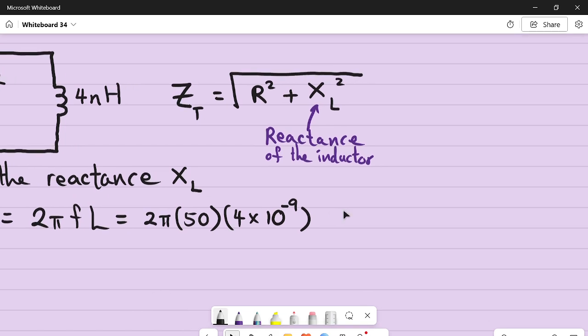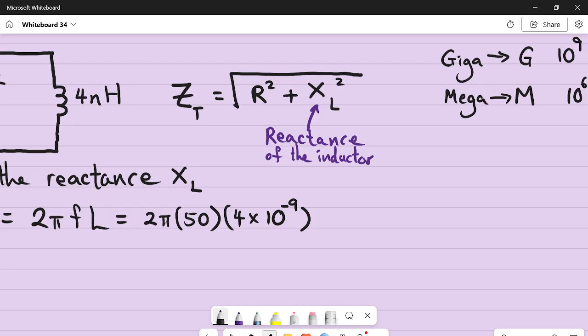So I will start with giga, G, giga. G is 10 to the power of 9. Mega, which is capital M, is 10 to the power of 6. It's always multiples of 3. And then what's the next one? 1,000, which is, thank you, kilo.